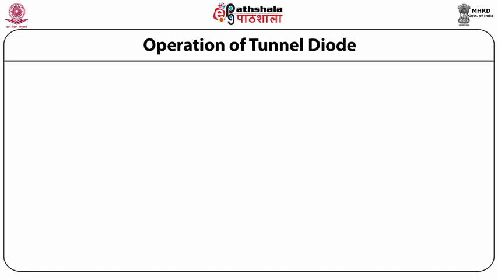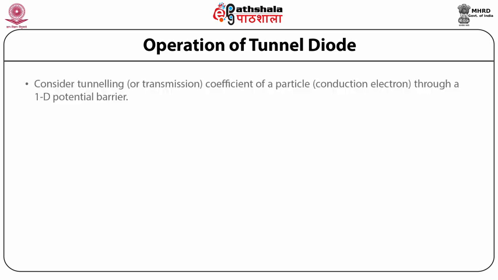Operation of tunnel diode. So before discussing about the principle and the working of the tunnel diode, let us discuss its operation. Consider the tunneling or transmission coefficient of a particle, that is conduction electron, through a 1D potential barrier.